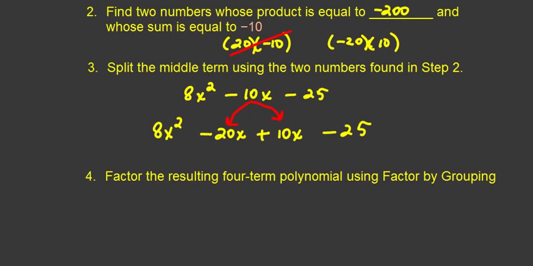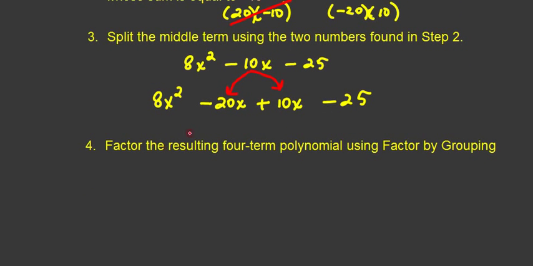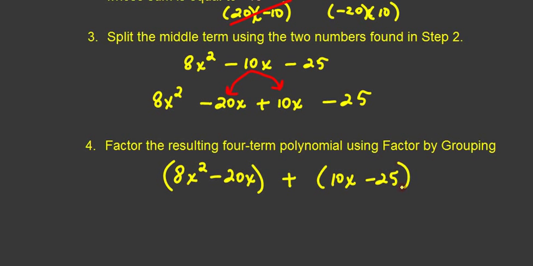So the last step is to take this 4-term polynomial and factor it using the method of factor by grouping. And the factor by grouping method is you take the first 2 terms and group them together, 8x squared minus 20x, and then plus the second 2 terms, 10x minus 25, and you group those together.